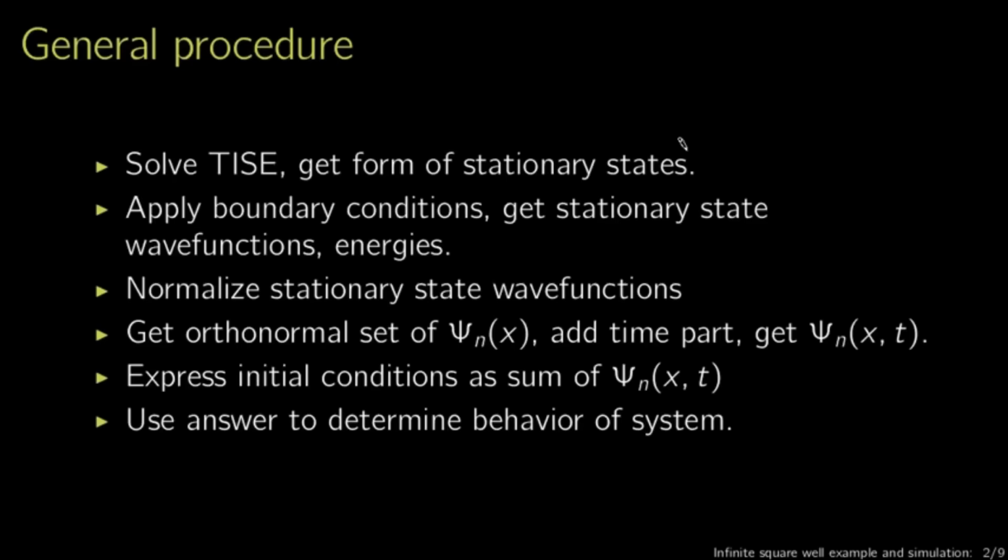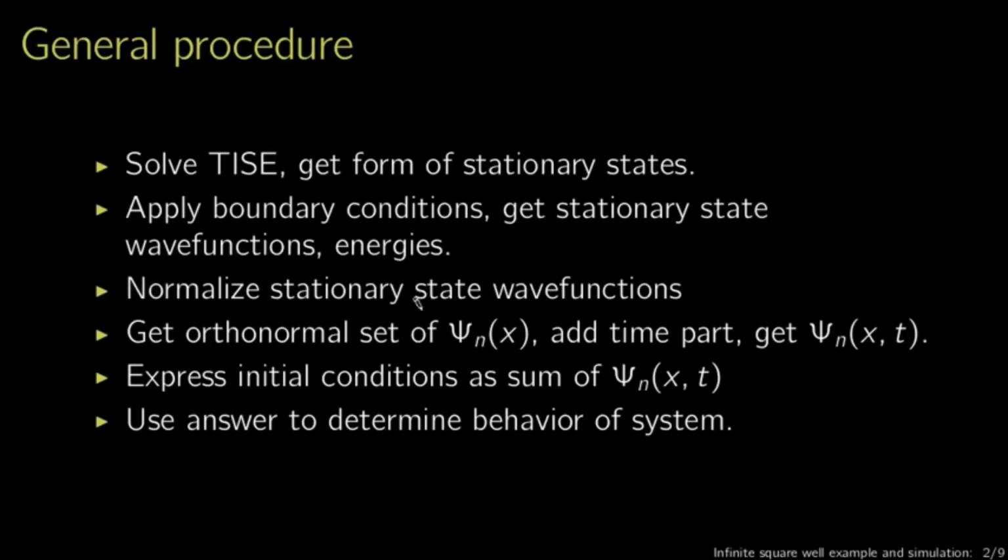So, the general procedure that we'll be following in this lecture is, once we've solved the time-independent Schrödinger equation, we get the form of the stationary states. Knowing the boundary conditions, we get the actual stationary state wave functions and their energies. These can then be normalized to get true stationary state wave functions that we can actually use.